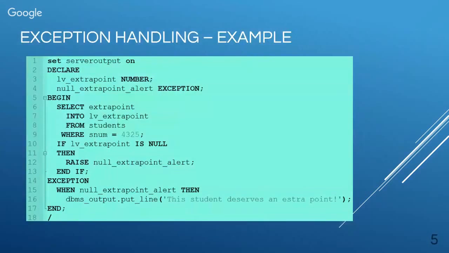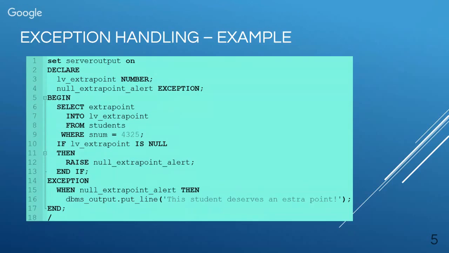Well, this is a common example of how to declare and use exceptions. We are declaring a variable here called extra point, and then we are declaring an exception here, null extra point alert. We select the extra point from the students table, where the student number or ID is, say, 4325.